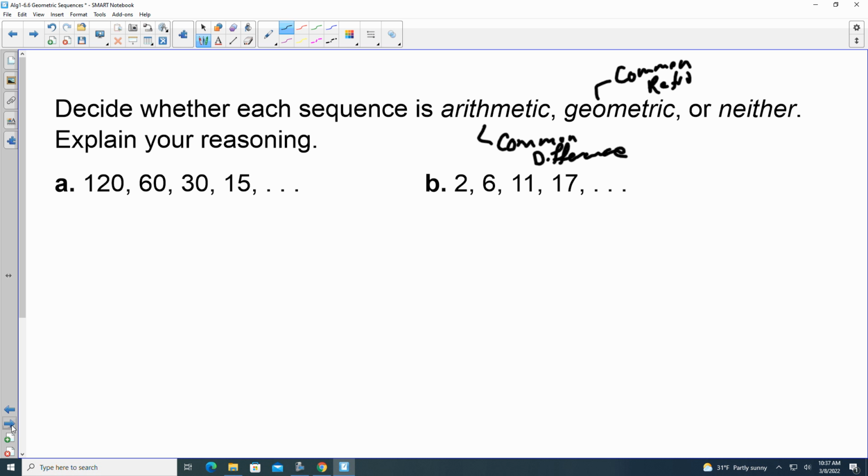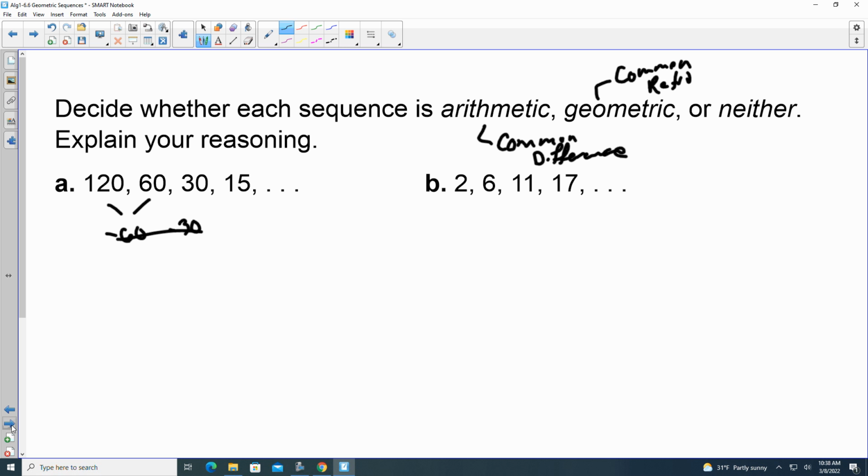So looking at the first example, I'm going to see if it has a common difference. So I got 60 minus 120, I got negative 60. I got 30 minus 60, I got negative 30. All right, so automatically it doesn't have a common difference.